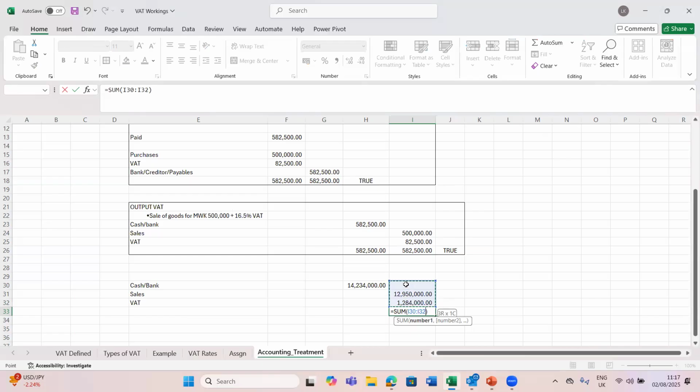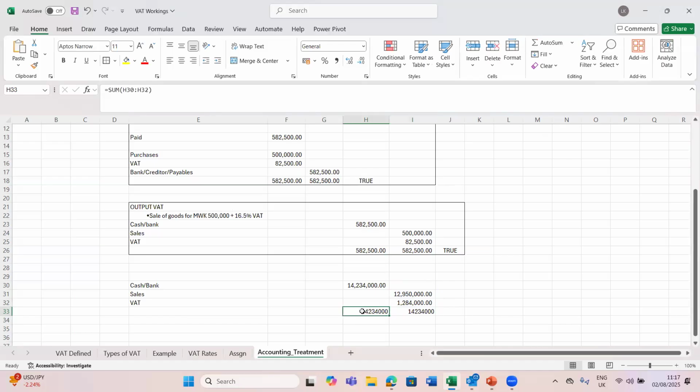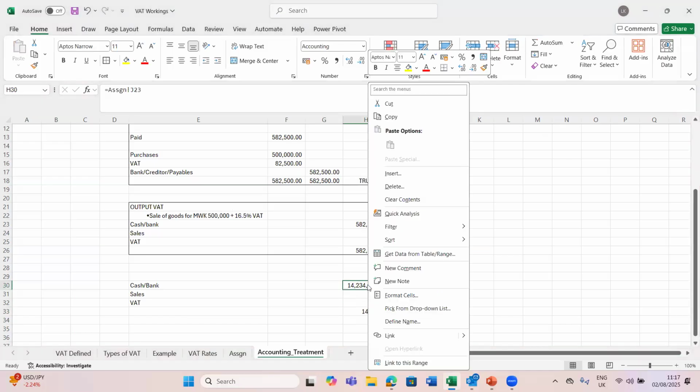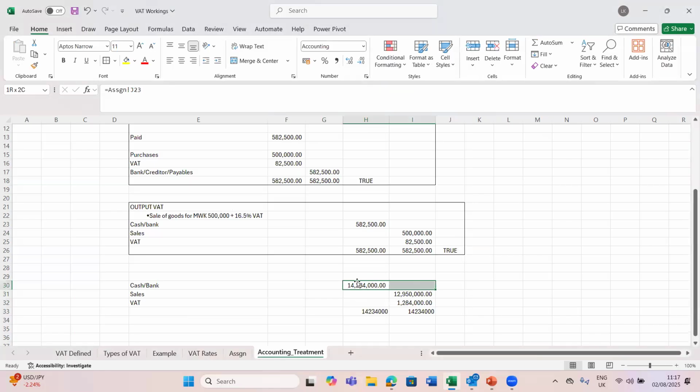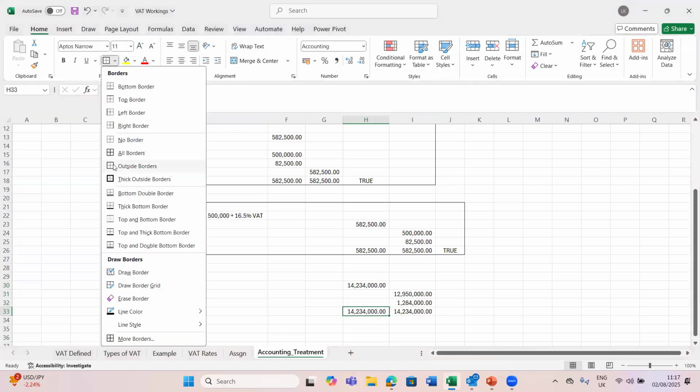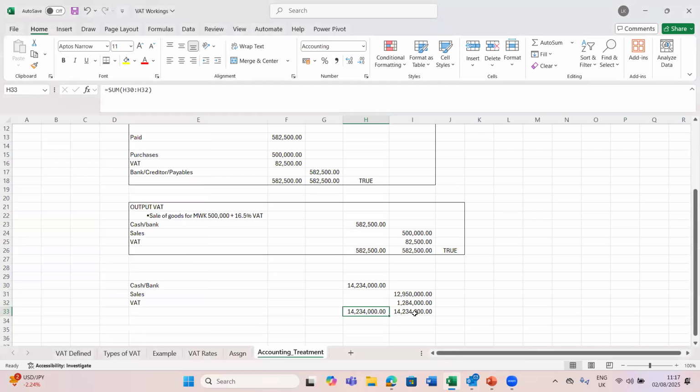And also I add the credit side, and also the debit side. So we have closed that.